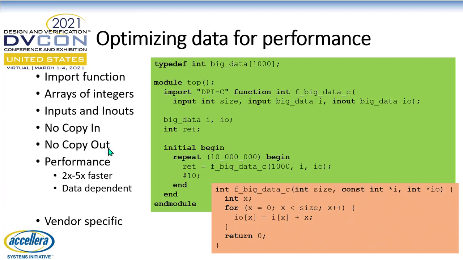Essentially, when we jump over to C, we are using the 1,000 integers in that array that are in the simulator. Now, we have to be careful to not write bad code and scribble all over memory, but that's a huge performance boost. It can be 2 to 5 times faster to not do that copy.